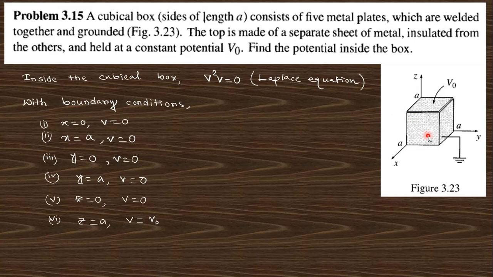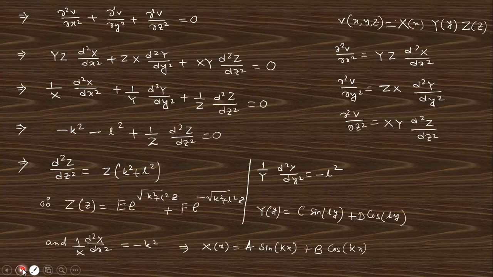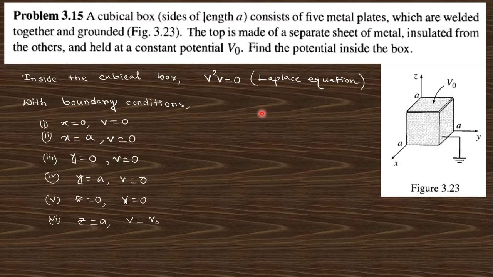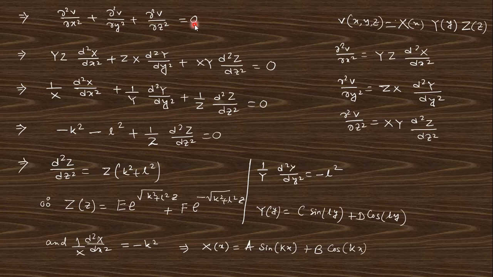So the Laplace equation applies, and these are the boundary conditions: x equals 0 and x equals a, both potential 0. Similarly y equals 0 and y equals a, potential 0. At z equals 0 the potential is 0, but at z equals a the potential is V0, right? So these are the six boundary conditions. Now the Laplace equation is separated using the separation of variables method. Divide through, take this as minus k square and this as minus l square.